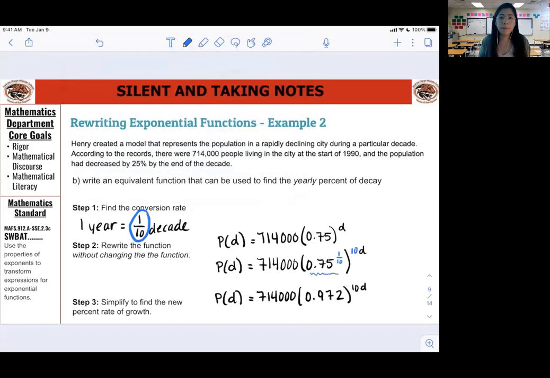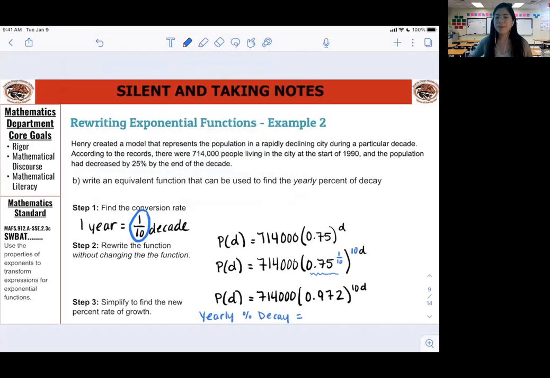So what is my yearly percent of growth? Of decay, sorry. 0.972. Be careful. That's the rate. What's the percentage? 97.2.